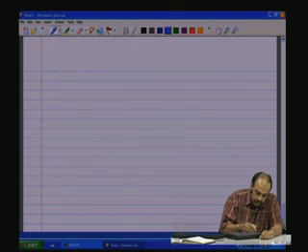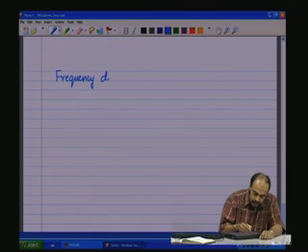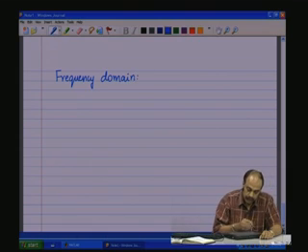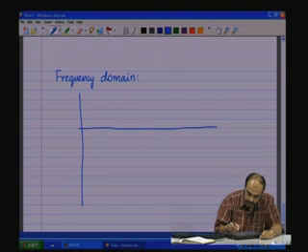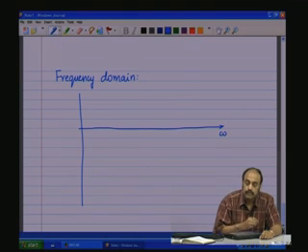So, in the frequency domain, one would like to plot the waveforms with respect to the frequency omega. Omega is basically the radian frequency.